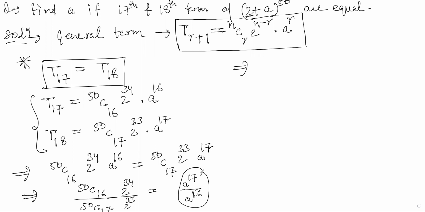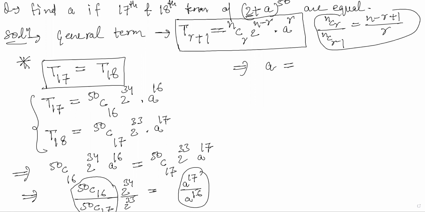Now this becomes a. We can apply the formula we have learned. I'm very sure you guys don't remember that formula, I know. We have written something along the lines of nCr divided by nC(r-1) is (n minus r plus 1) divided by r. We have studied this in PMC. This is the opposite of it. I have told you this formula as well, you can check that out. So this should be 17 divided by (50 minus 16) into 2.